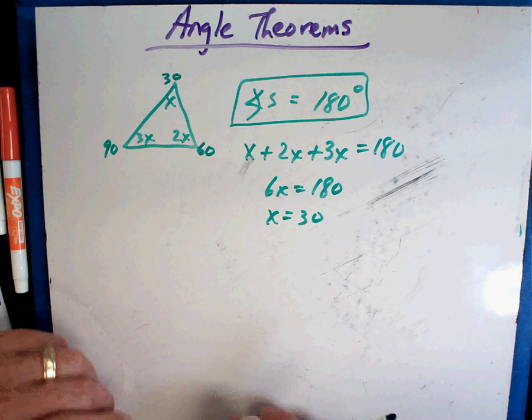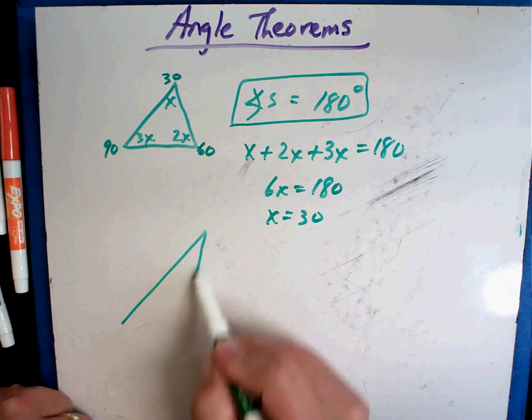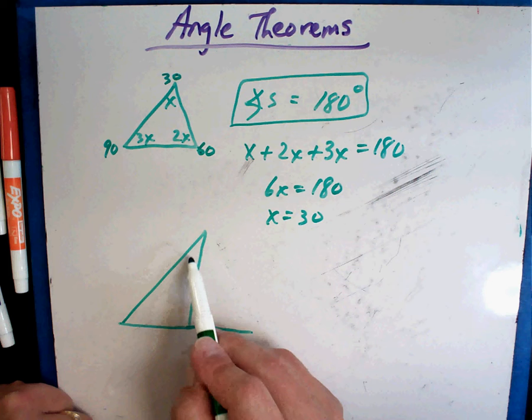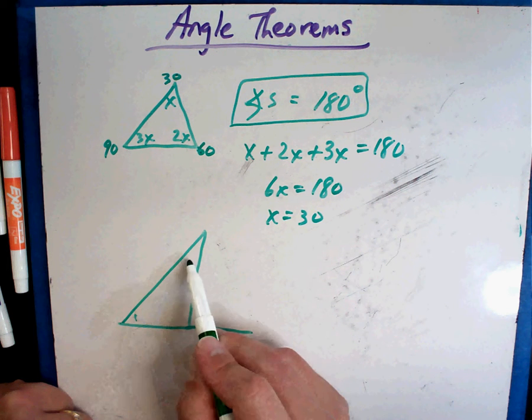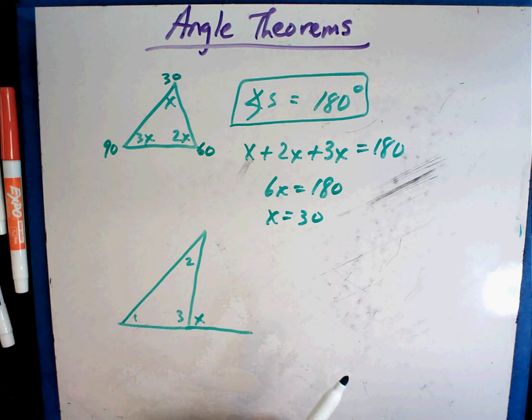Now, you probably already know that one. Here's another one that you may not know. Let's say that I had a triangle like this, and I had angle 1, 2, 3, but I want to know that angle.